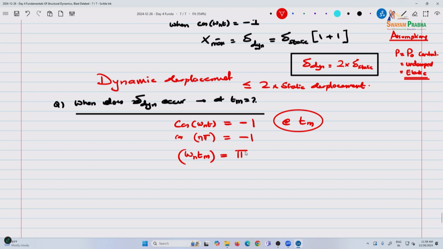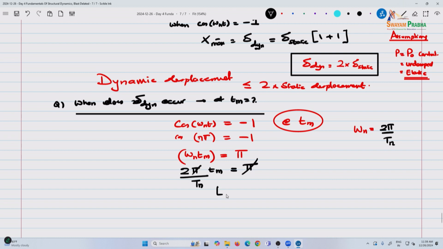Now, omega n is also in terms of the time period. What is omega n in terms of the time period? Remember, 2 pi by Tn. The reason why I reviewed all those. So, if I now put this here, 2 pi by Tn, Tm is equal to pi, get rid of these two.